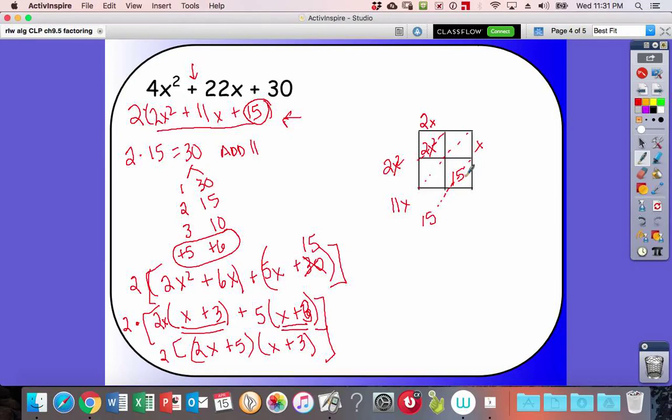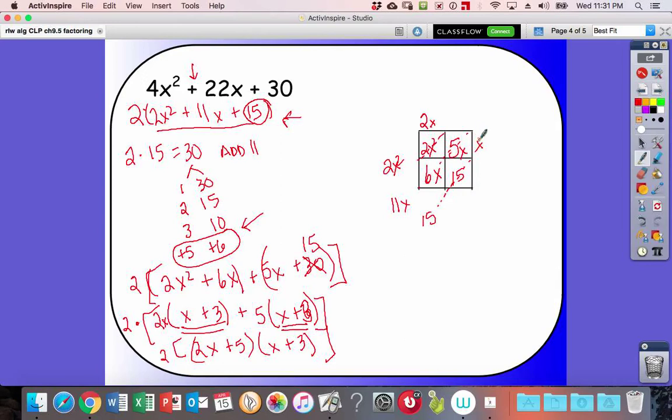Okay, now, I don't know what to put in here, though. I know, though, in this box that I'm going to go with 5 and 6. Okay? So I want to be able to find the greatest common factors out of these. So I have to look at the 5 and the 6, and this is a 2. I'm going to put the 6x here. And I'm going to put the 5x here.